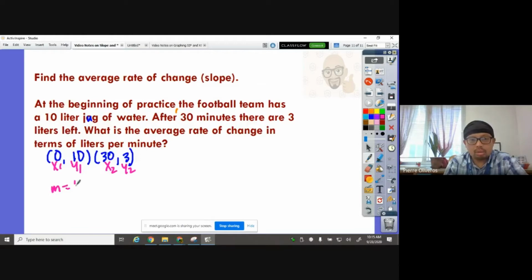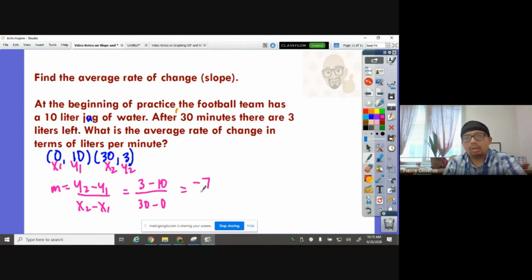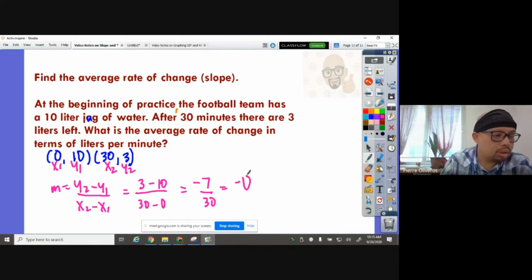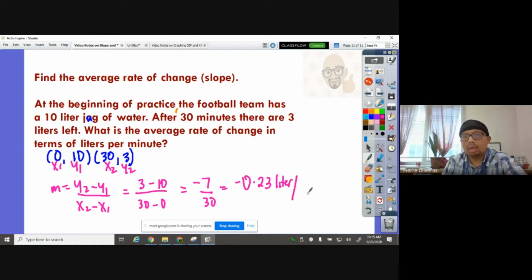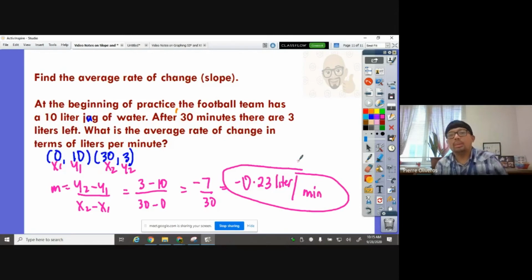We know the formula: y sub 2 minus y sub 1 over x sub 2 minus x sub 1. The y sub 2 here is 3 minus 10 over 30 minutes minus 0. So this would be negative 7 over 30. If you divide negative 7 by 30, it's negative 0.23 liter per minute. So they're reducing by 0.23 liter every minute. Okay. All right, there you have it.